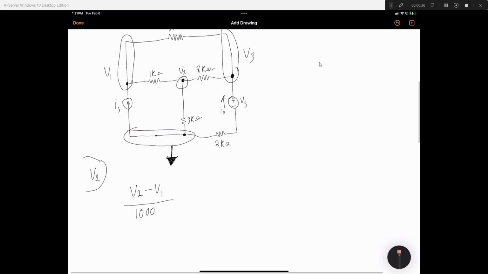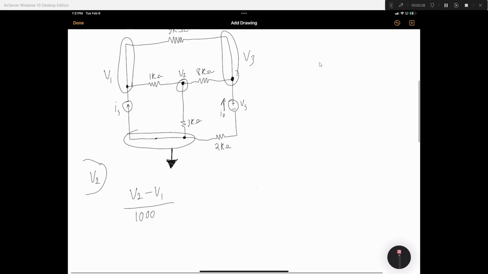It's just the perspective of the node. That's the voltage drop, and it indicates the direction. If you're going from V2 minus V1, when you solve it, that current will be pointing this way.